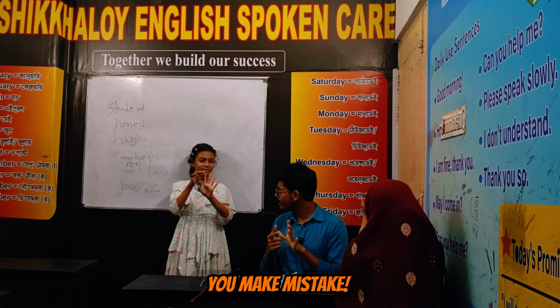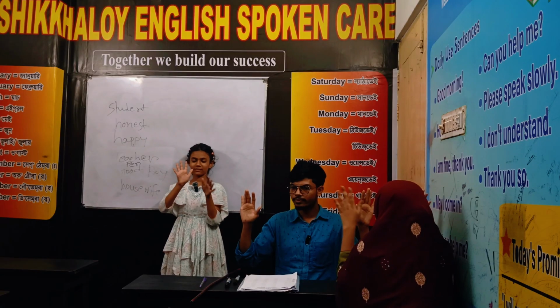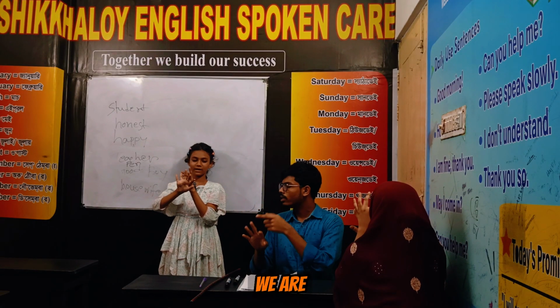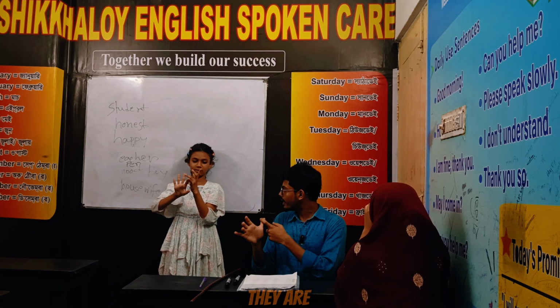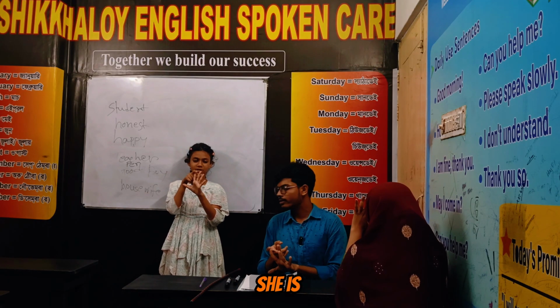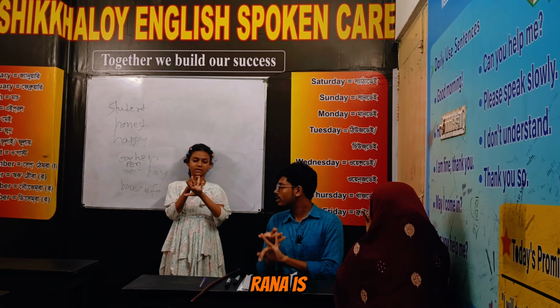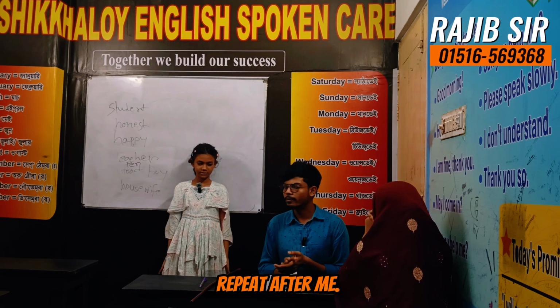No, you make mistake. He is, she is. Okay, repeat after me. Raise your hand. I am, we are, you are, you are, they are, he is, she is, it is, Rana is, my mother is. Okay, next again, repeat after me.